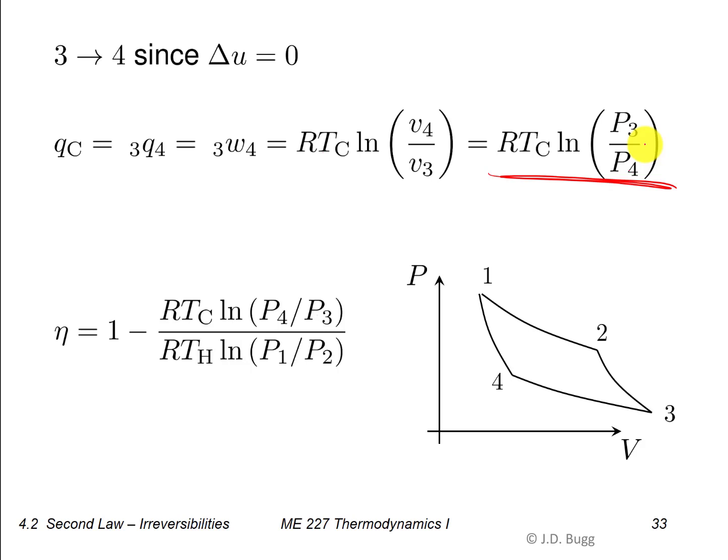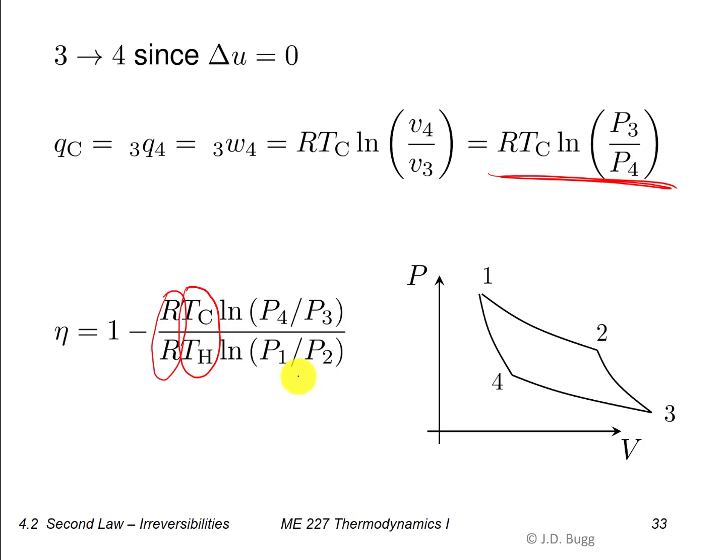Now, we seem to be getting sort of close to our final goal, which is 1 minus Tc over Th. We can see that these R's are going to cancel. That's no problem. And we can see that we have Tc over Th in here, but we still have these pressure ratios, and we've got to show that those two things also cancel out because it's not immediately obvious.